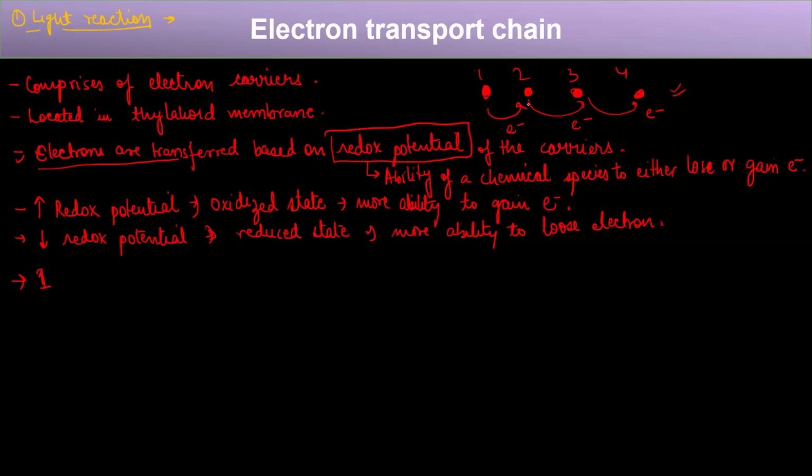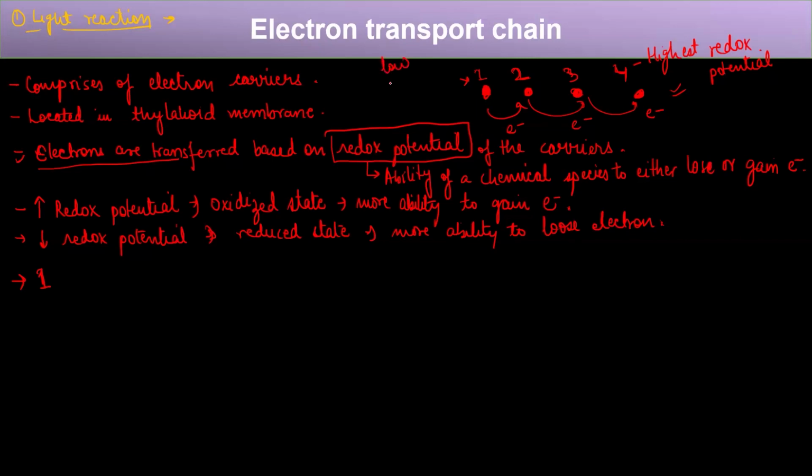So if I ask that out of these four species, 1, 2, 3, and 4, which has the highest redox potential and which has the lowest redox potential? The highest redox potential will be the one that has more ability to gain electrons, which means the fourth one will have the highest redox potential. And the first one, because it has more ability to lose electrons, will have low redox potential.